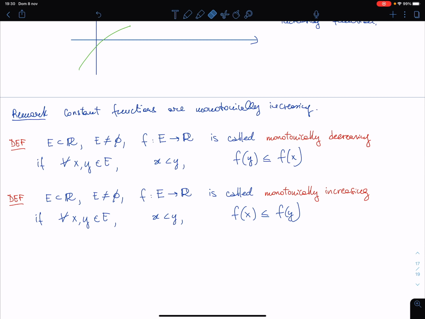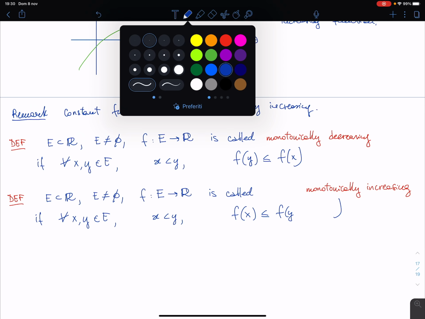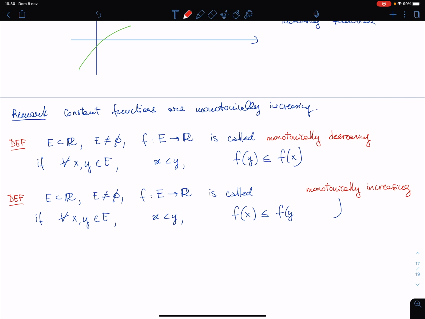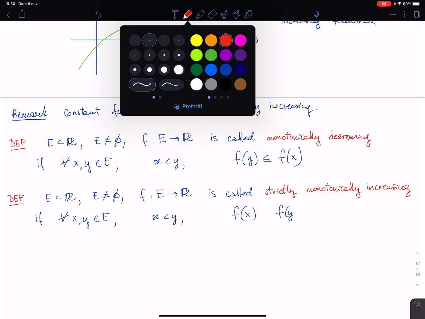And for instance, here I can introduce the definition of strict monotonicity. So f is called strictly monotonically increasing if for every couple x and y with x less than y, we have that f of x is strictly smaller than f of y.